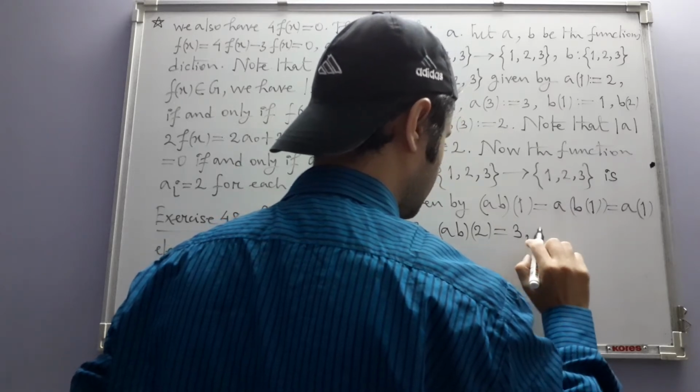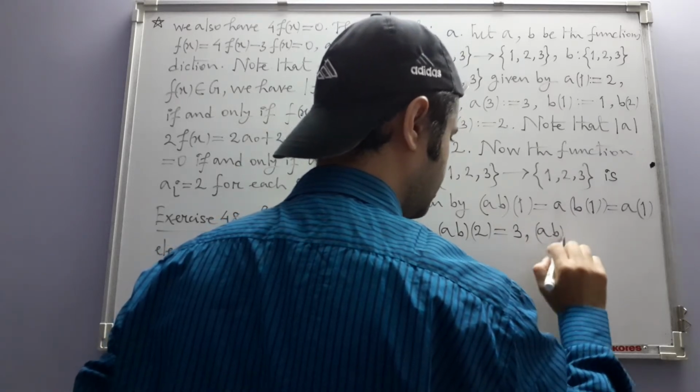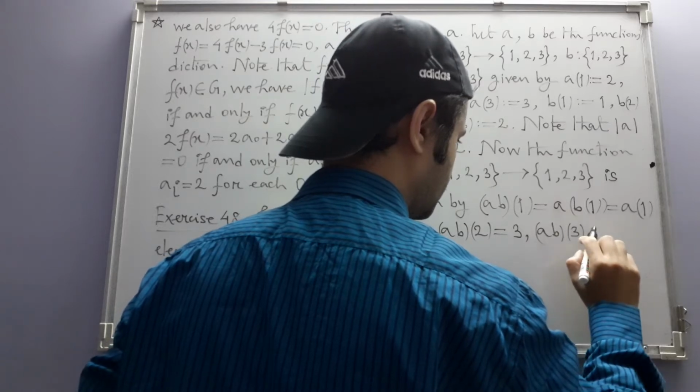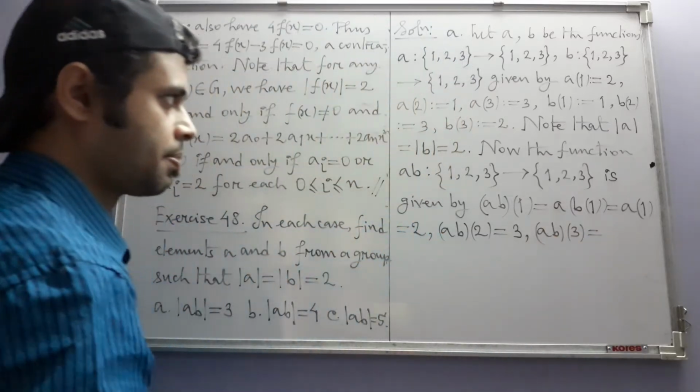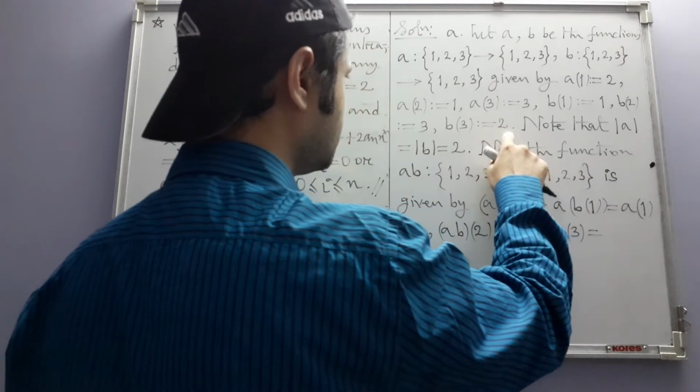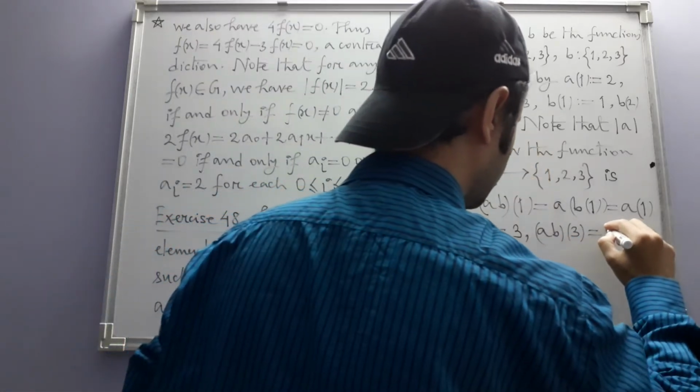Okay, and finally AB of 3, B of 3 is 2 and A of 2 is 1.